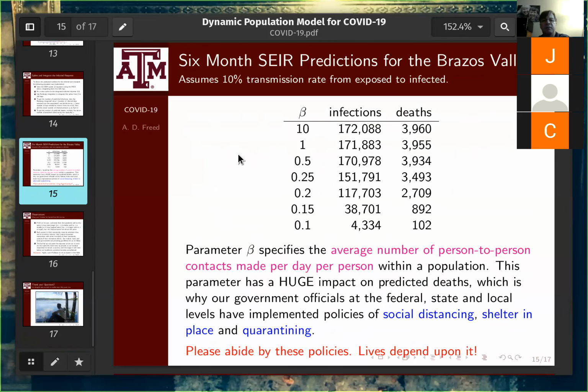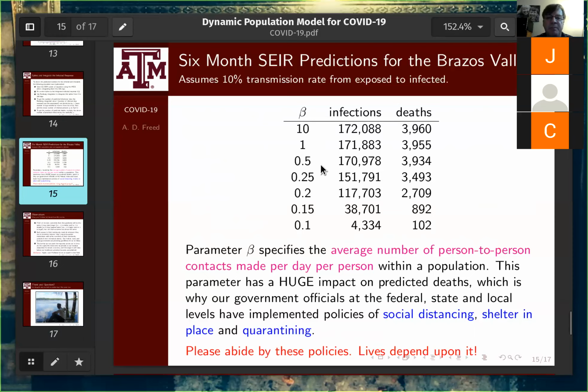So here are the numbers, and they're a little bit shocking. Now this assumes that there's a 10% transmission rate from exposed to infected. So for every 10 people that are exposed, one person becomes infected. And so beta, again, is the average number of person-to-person contacts made per day per person within the population.